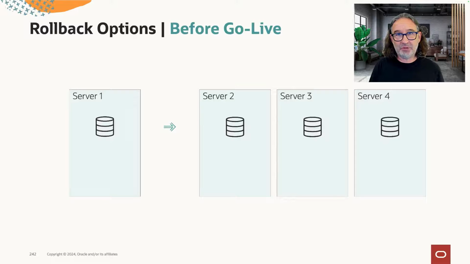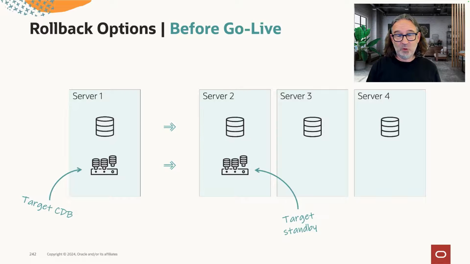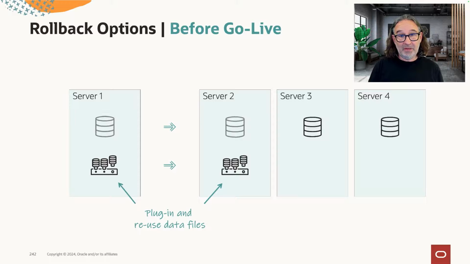What do we mean by leaving a standby database behind? Let me give you an example. This is our environment. We have 1 primary server and 3 disaster recovery environments. When we plug in the source non-CDB, you see we have the 3 standbys. We plug in only one of the standbys, not all of them. So we leave the standbys on servers 3 and 4 behind. The plugin happens reusing the datafiles on servers 1 and 2.